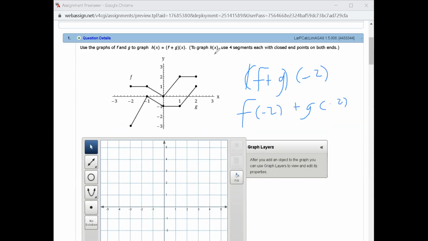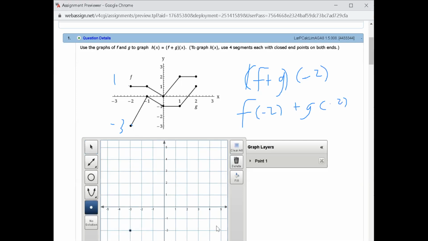F of -2 is 1. G of -2 is -3. So if I add 1 and -3, I would get my first point, which is -2.